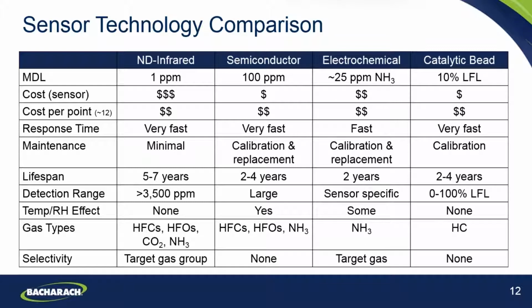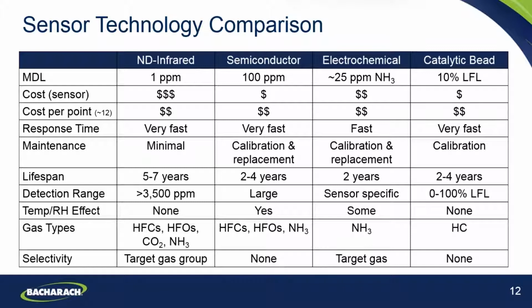However, the non-dispersive infrared sensors are often used in aspirated systems where a sample is drawn back to a single sensor from multiple locations. So if we then look at the cost per sampling point of the different sensor types, you do start to become much more even in terms of the cost if you're getting up to monitoring, say, 12 different points within an application.